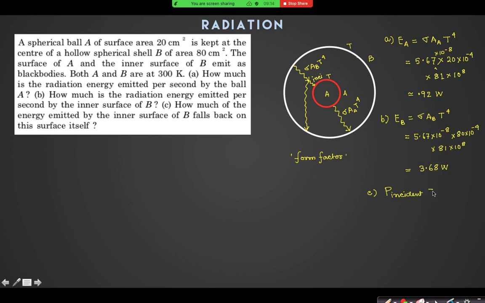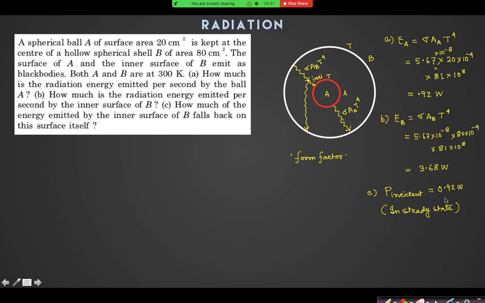Can I say it is the same as 0.92 watt? Yes or no? Because in steady state, these two powers should be the same. Am I correct in writing this equation?